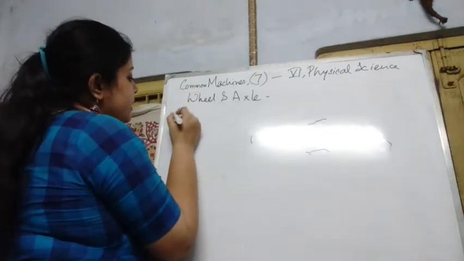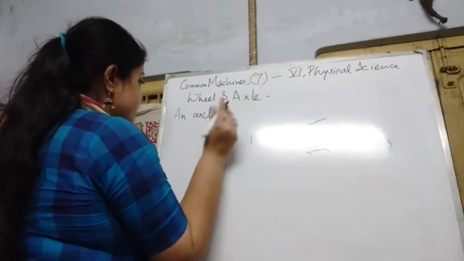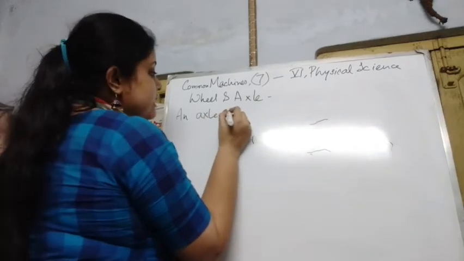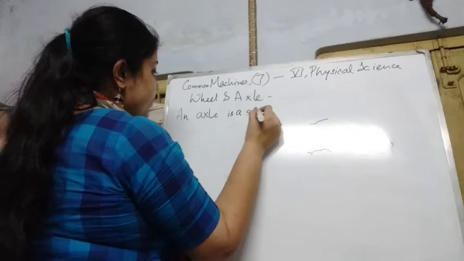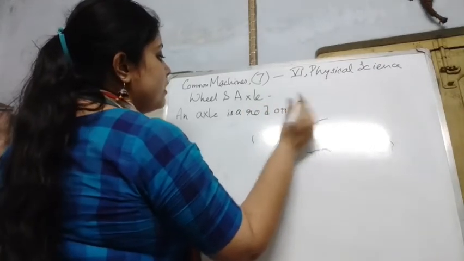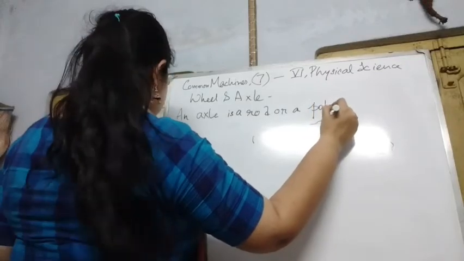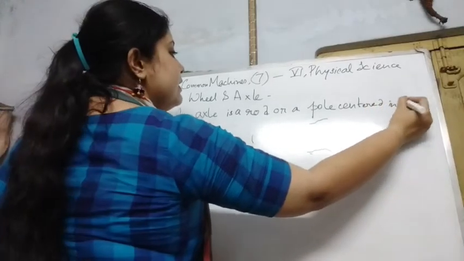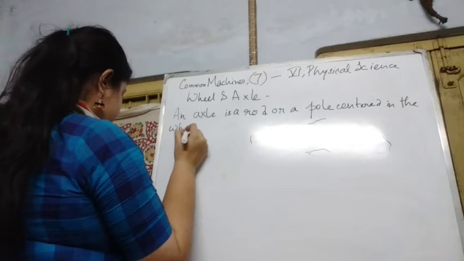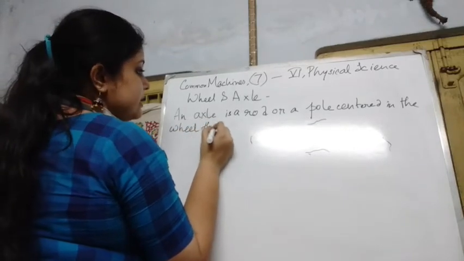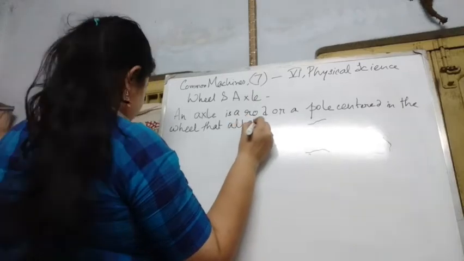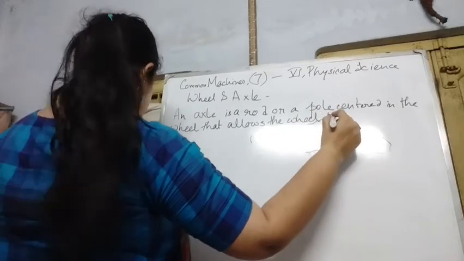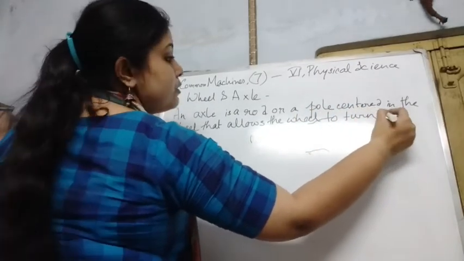An axle is a rod or a pole centered in the wheel that allows the wheel to turn around it.